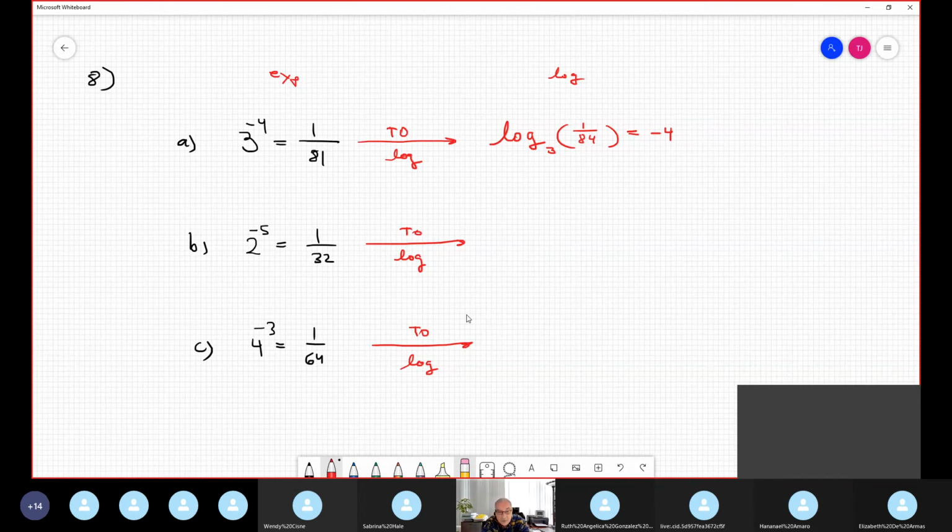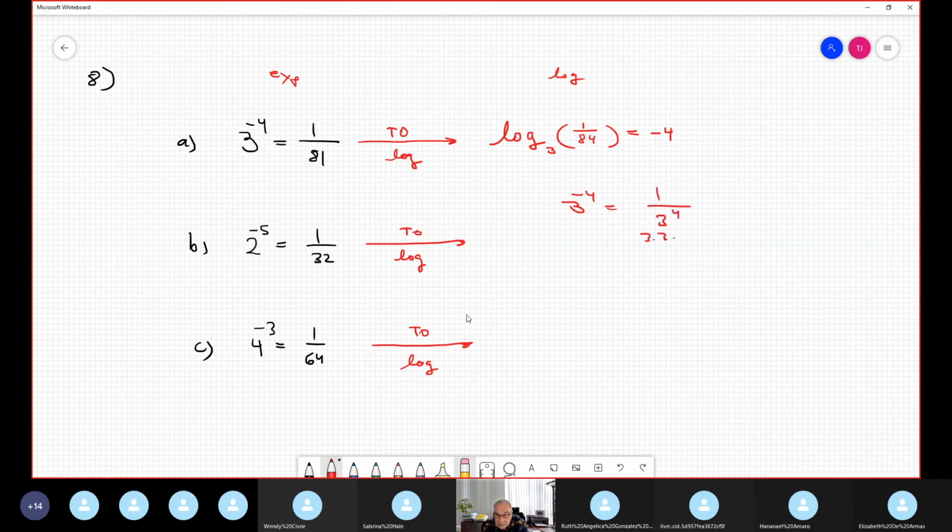It's 84. No, it's 81. It's obvious it's 81 because look. 3 to the -4 is equal 1 over 3 to the 4th power, and 3 to the 4th power is 3 times 3 times 3 times 3, and 3 times 3 is 9, and 9 times 9 is 81. It's 81, not 84. I don't know if in the test I put 81. Sabrina. Okay.